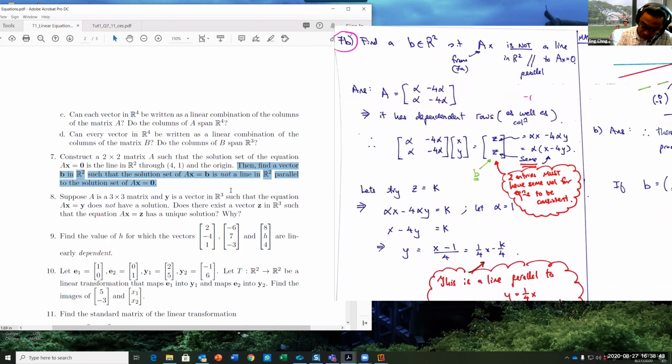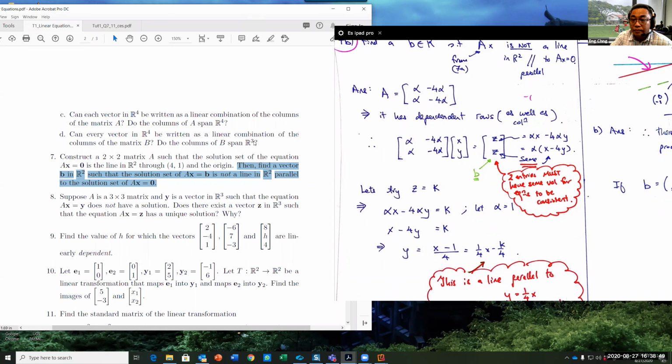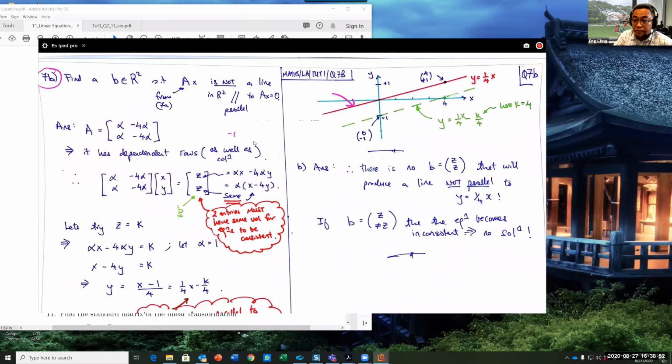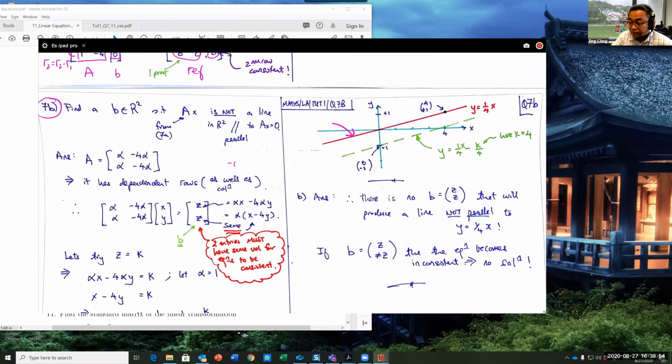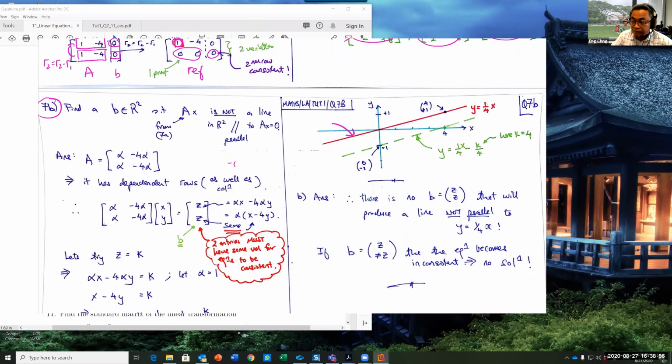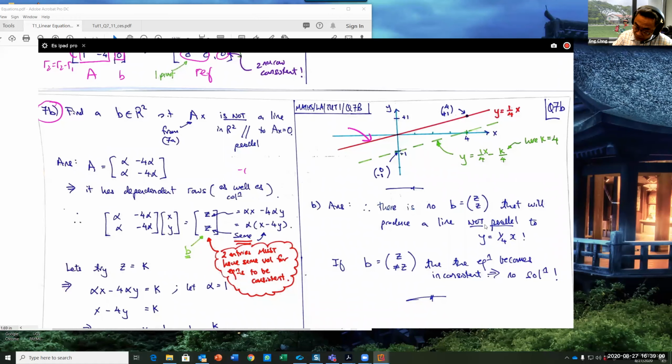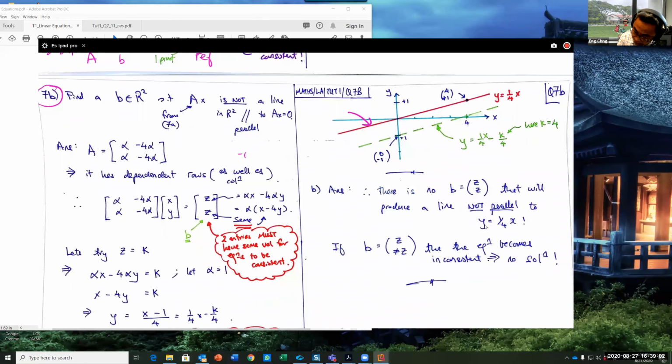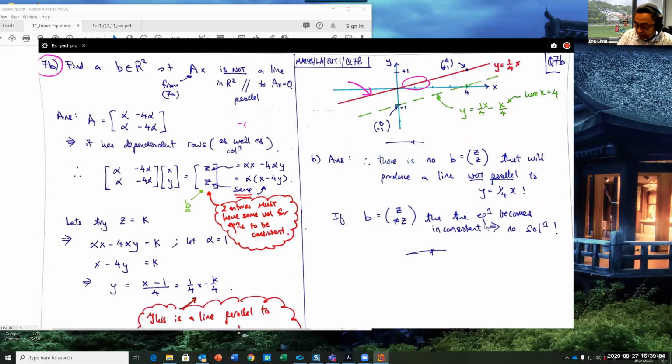So that this red line on my right hand side, now this red line on the right hand side is the first part A.